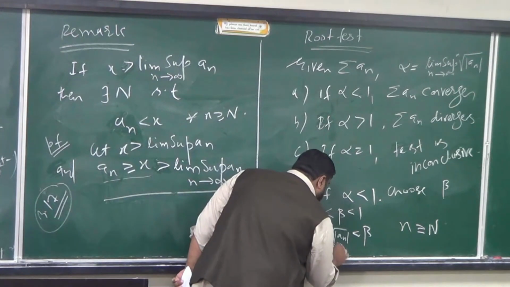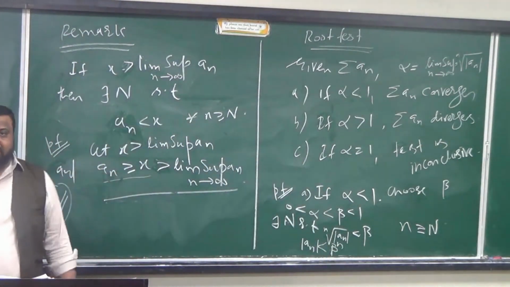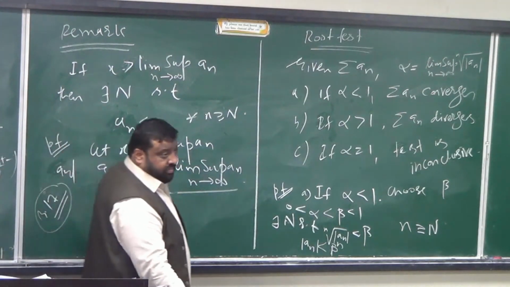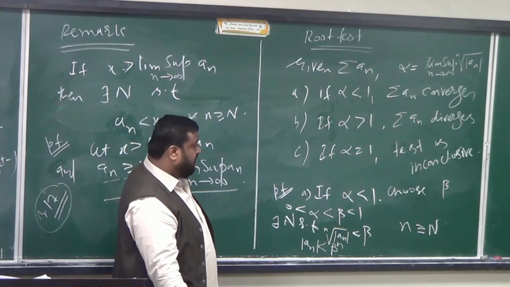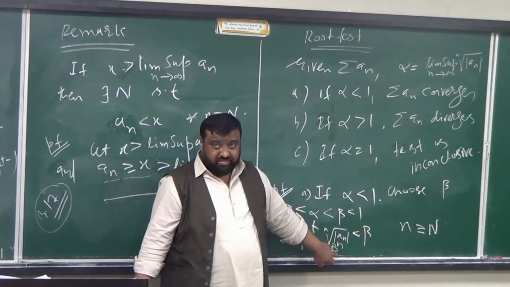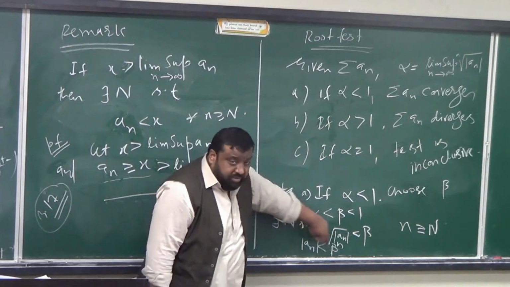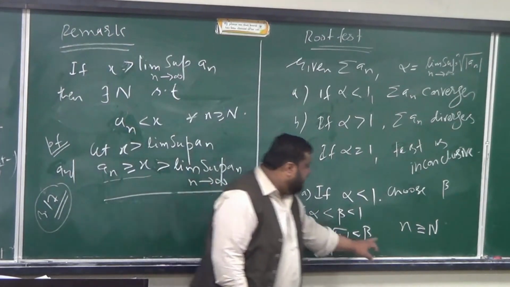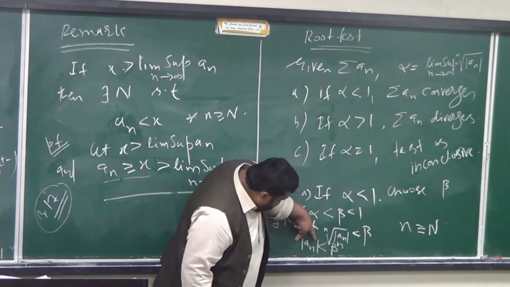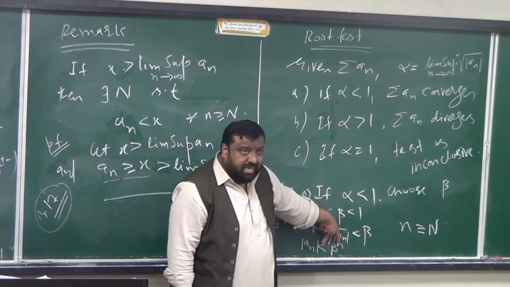Agreed? Can you see what we got now? We got a bound basically on beta, term by term. So after this n, this sequence is going to be bounded by this sequence.